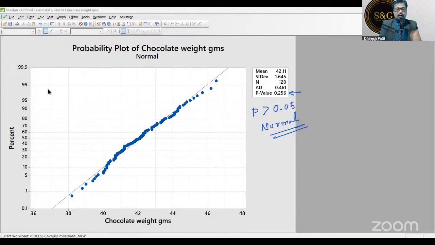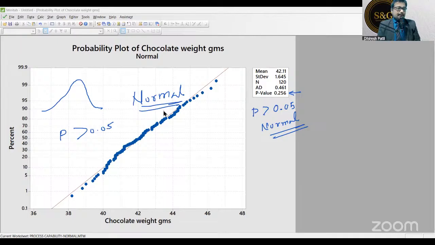So we have a histogram showing a symmetrical shape, and the normality test shows a p-value greater than 0.05. So it is confirmation that the data is normally distributed. So we can go with our process capability study directly after testing the normality. Clear, everybody? Just give me yes in the chat box.